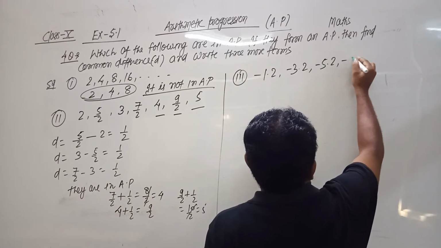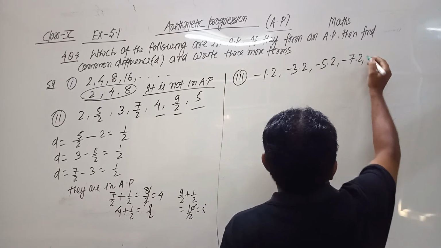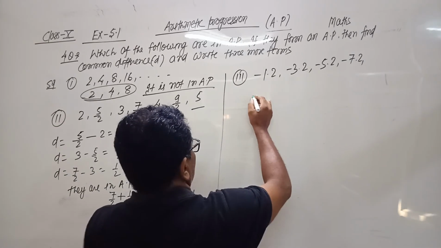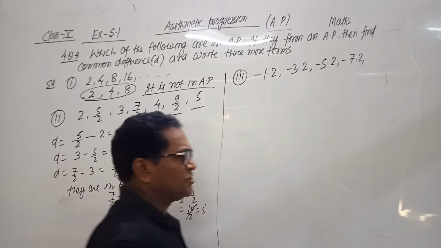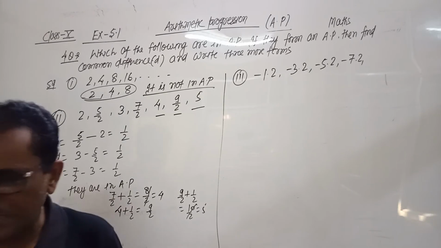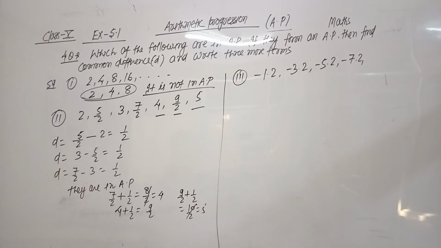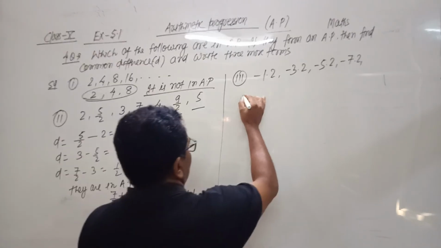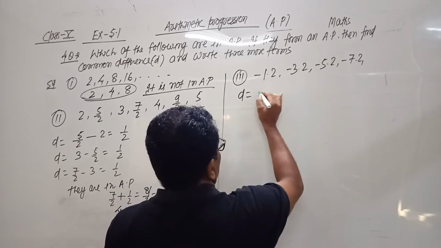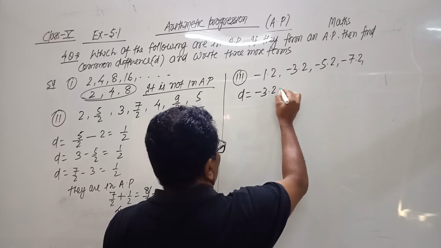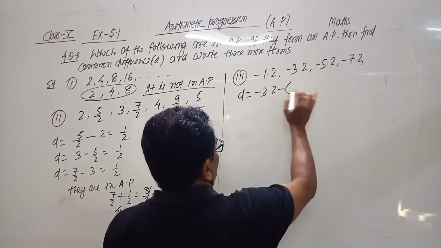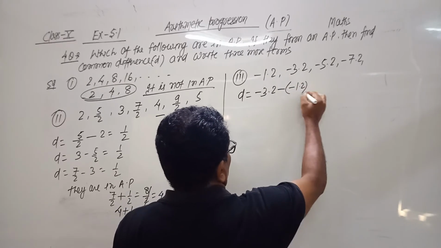Firstly we have to check whether the given sequence is in AP or not. So we find the common difference. D equals minus 3.2 minus the first term, which is minus 1.2.